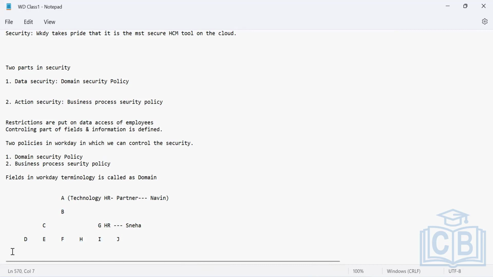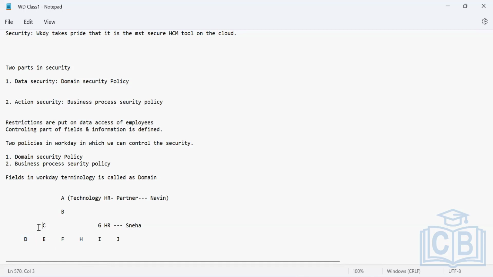Okay. And each of these people, because we have created a supervisory organization, the concept is we create a supervisory organization only for a manager or somebody who has at least one reportee. Correct? Yeah. So each of them are managers, right? So let's say D has 10 employees, E has 10 reportees, F has 10 reportees. So 10, 10, 10, which is 30, right? H, I, J 10, 10, 10, which is another 30.